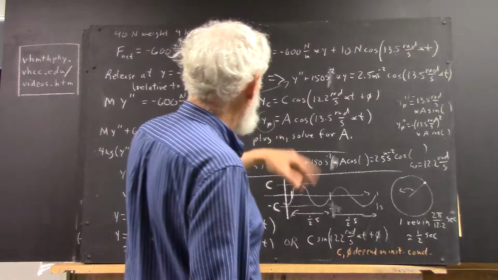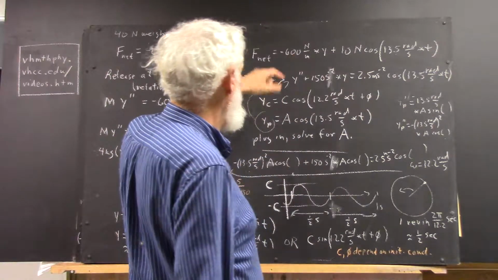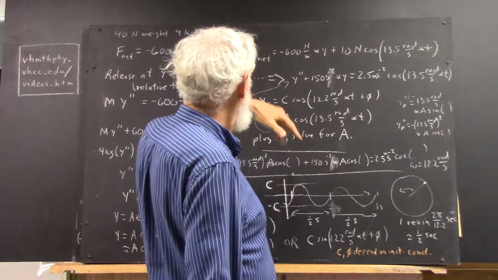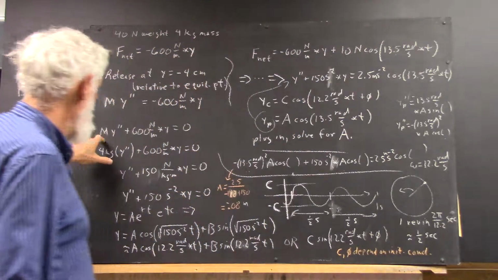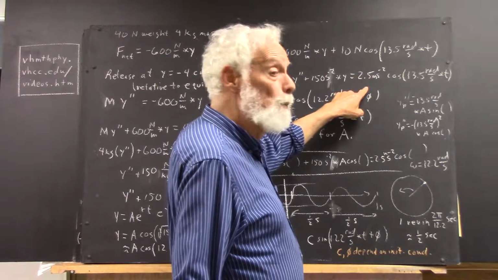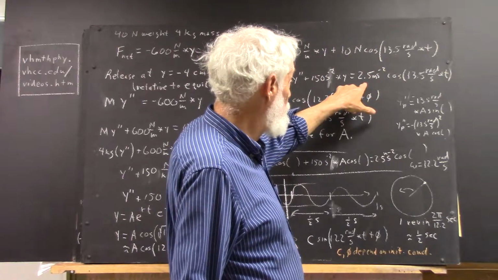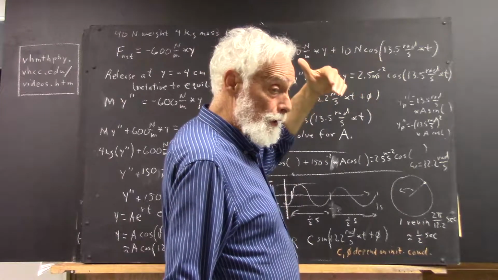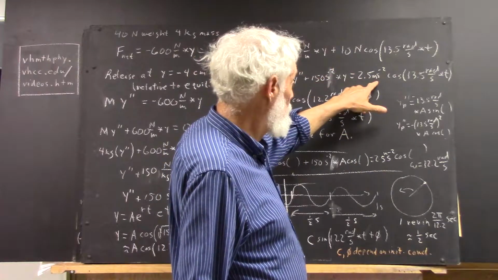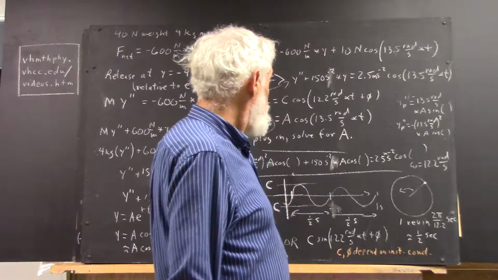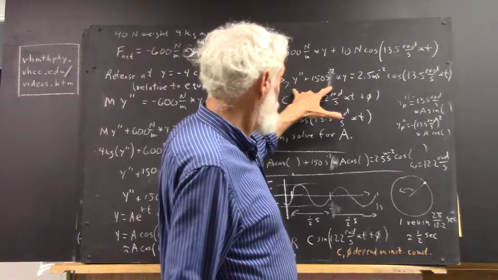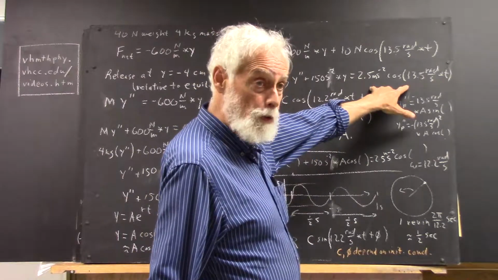And of course, in the process, we're going to have divided everything in this equation by the mass, the 4 kilogram mass, which will take our 10 newtons and reduce it to 2.5, 10 divided by 4 being 2.5, and since we're dividing by kilograms, our newton divided by kilogram leaves us a meter per second squared. So here's our equation. This is our homogeneous part, and we've already solved it. And this is our non-homogeneous part.